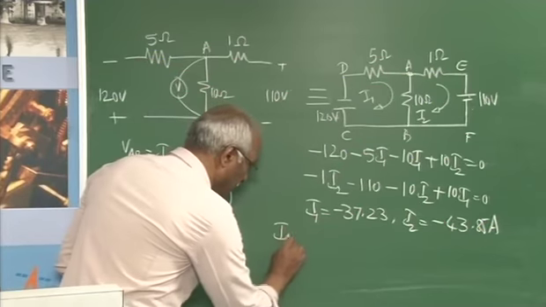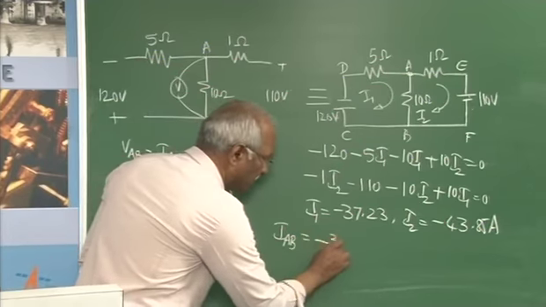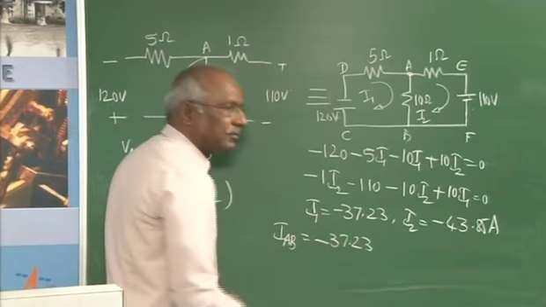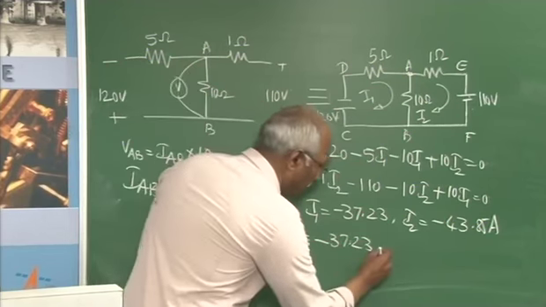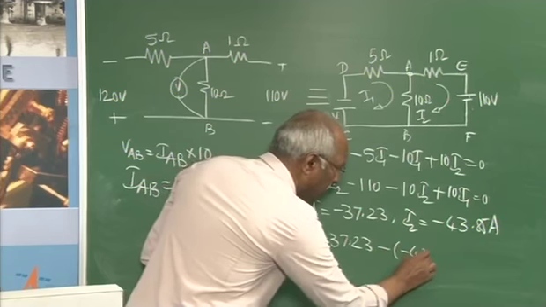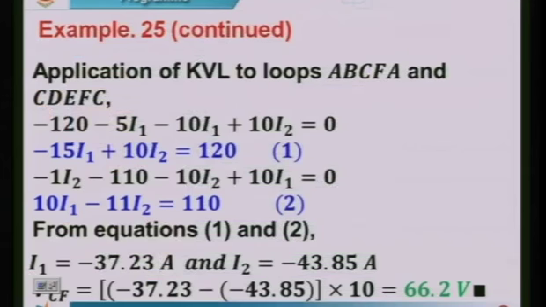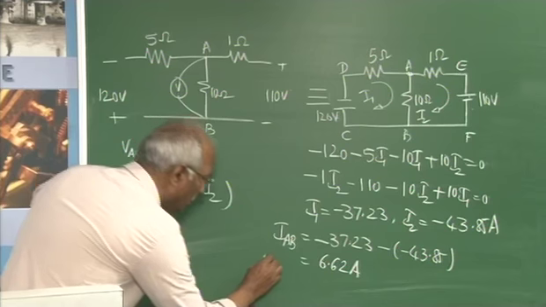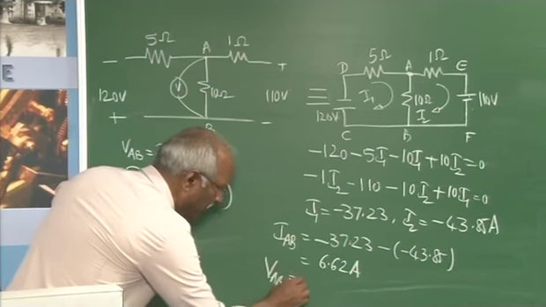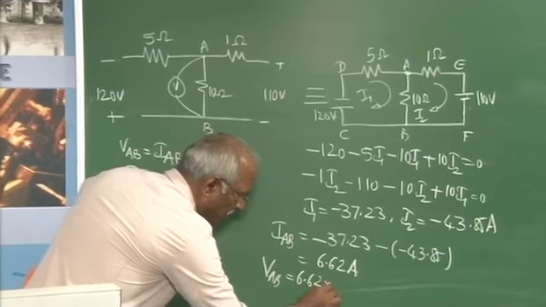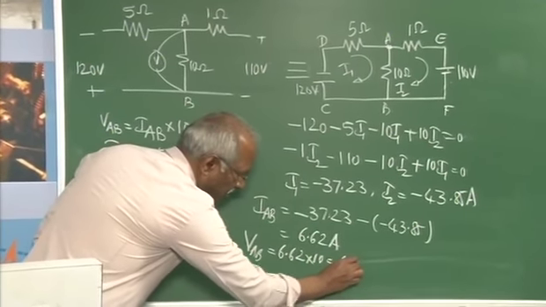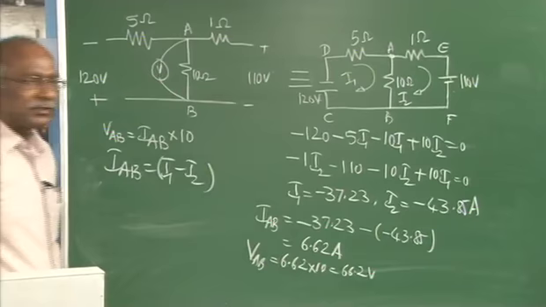IAB will be equal to I1, minus 37.23, then minus of minus 43.85, which comes to 6.62 amperes. Therefore, VAB is equal to 6.62 into 10, that comes to 66.2 volt. So that's the answer.